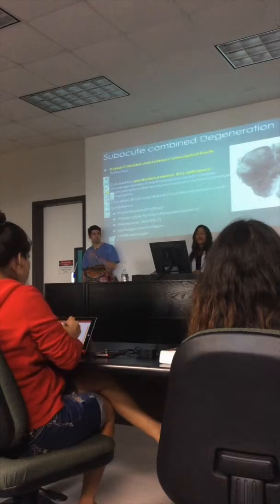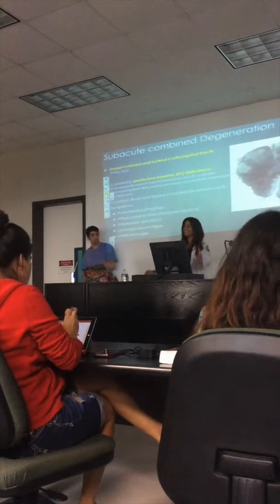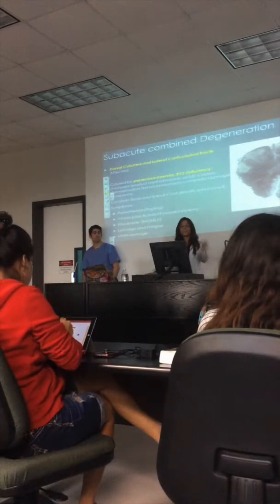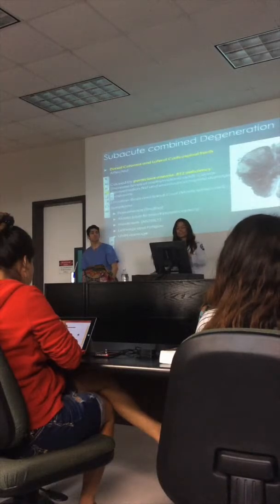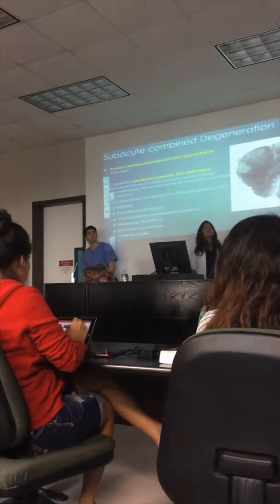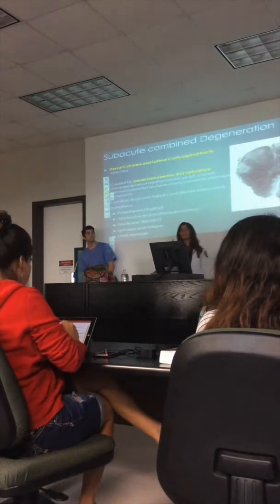You're going to have ataxia. Why are you going to have ataxia, guys? In subacute combined degeneration, there's dorsal column and lateral corticospinal tract damage, but the ataxia does not come from the lateral corticospinal tract.